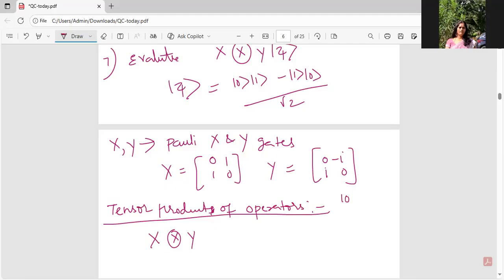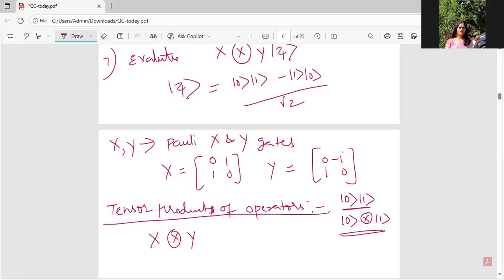This is a shorthand notation for the tensor product of ket 0 and ket 1. Always writing that multiplication symbol, the cross in a circle, every time is difficult. So the shorthand notation is ket 0, ket 1. It's nothing but the tensor product.